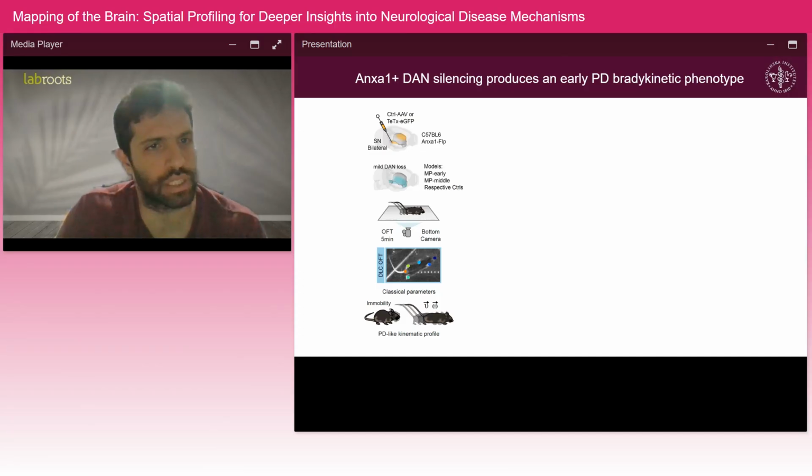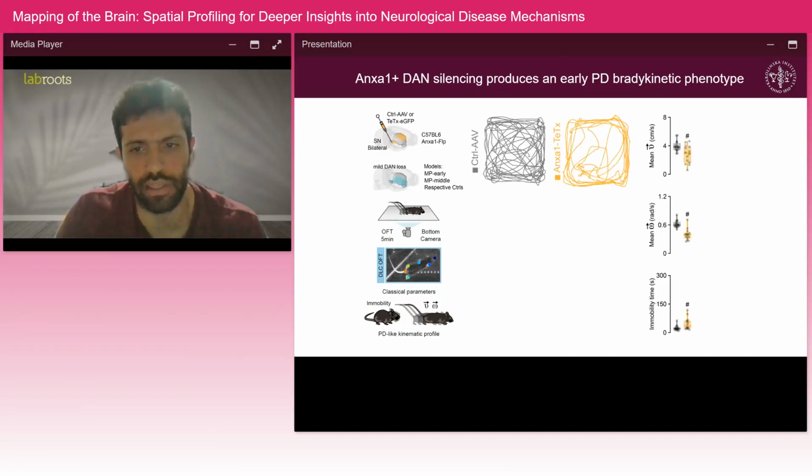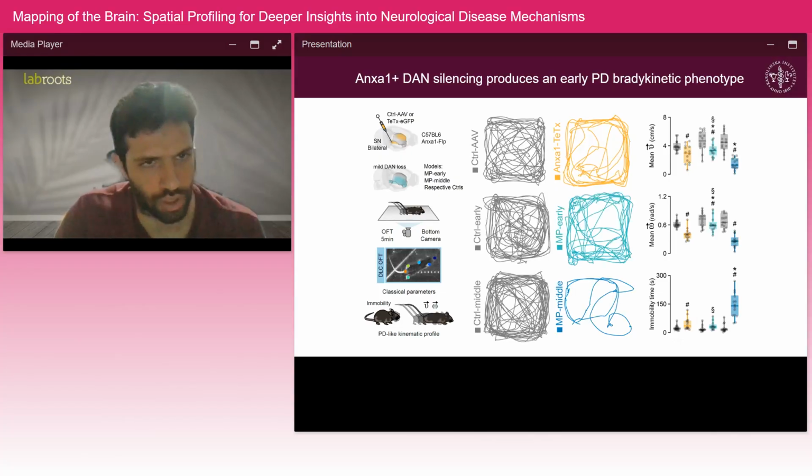First of all, we just measured gross mobility. If you look at just the ANXA1 tetanus mice, they decrease their speed and angular speed, and also slightly increase immobility. But it's not an overt Parkinsonian phenotype. If we compare with the other two Parkinsonian mice, they resemble the MitoPark early, and not the middle one.